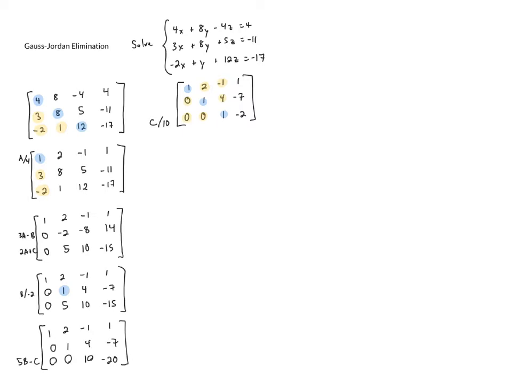So let's try and get a 0 here where the 4 is. For this step, we are going to leave the first row alone, 1, 2, negative 1, and 1. And we're going to leave the third one alone. But our goal is going to be to change this 4 into a 0.